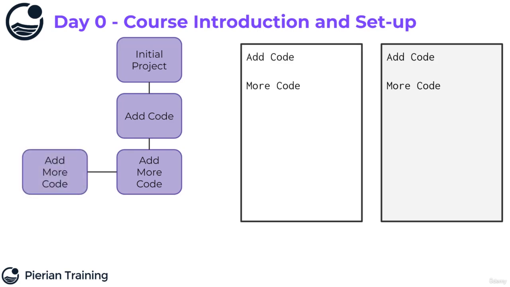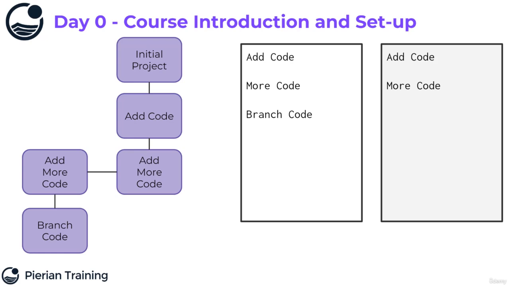Now, what you can also do with a version control system is actually create a branch or a fork that allows you to essentially make a copy of that file and then edit separately from the main branch. So you could have a colleague create their own fork or branch here, maybe add some branch code. And what's really special about version control systems like Git is they actually allow you to then merge branches together.